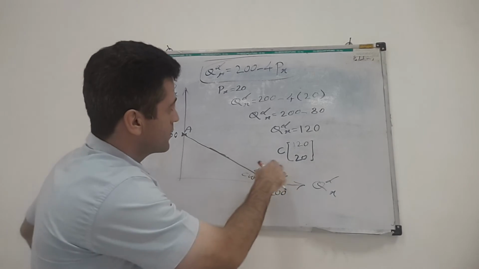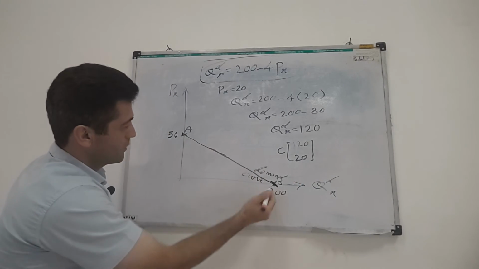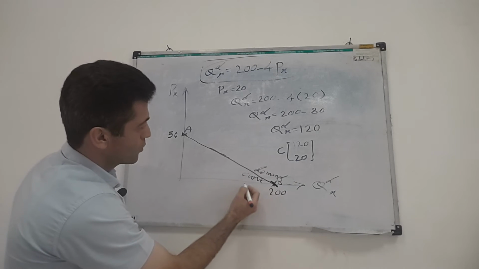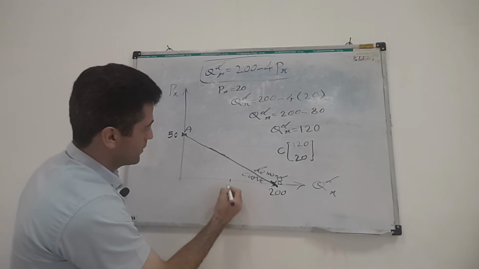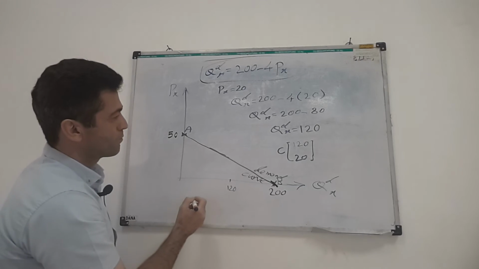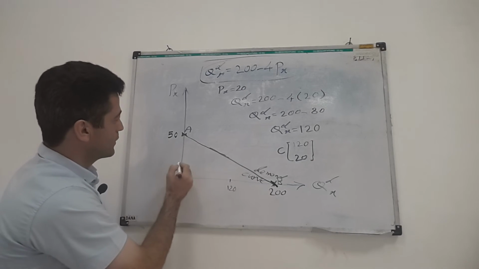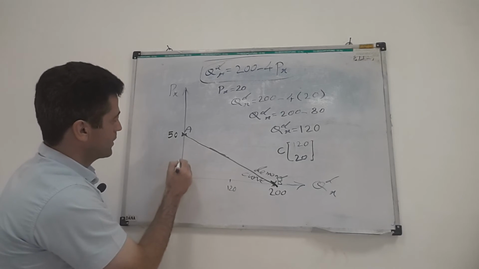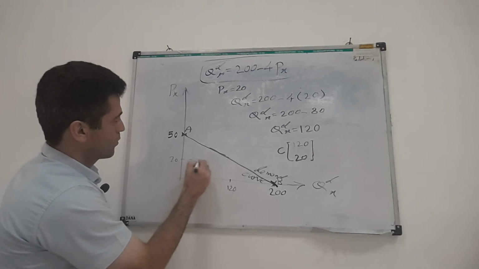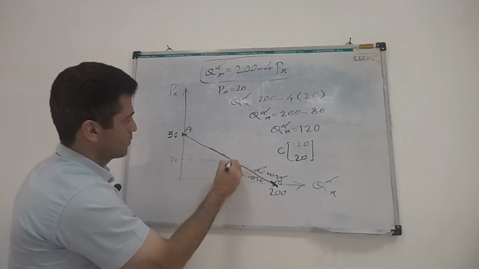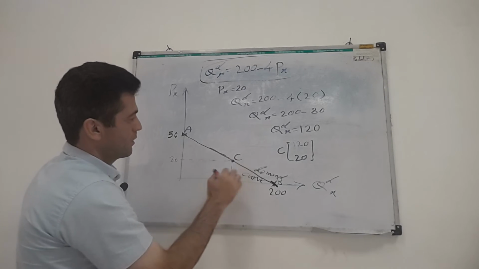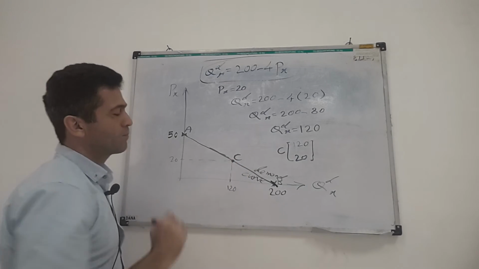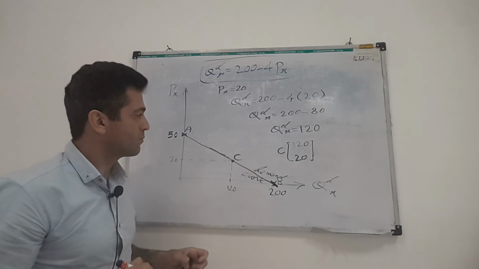Now we can find these points here in this set. 120 maybe here, and 20 must be around here. Now we can see point C here, this point.